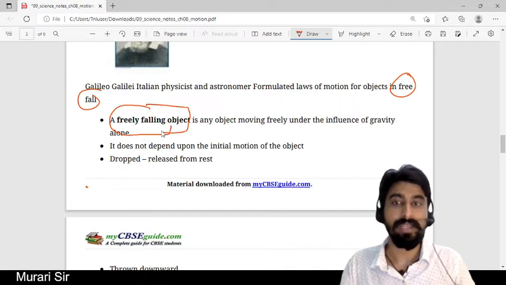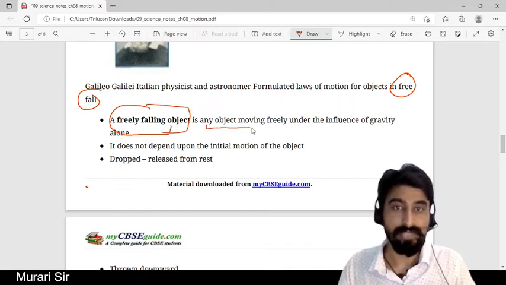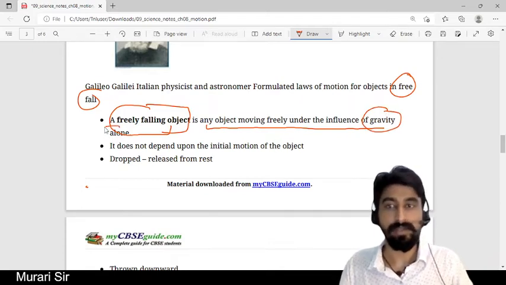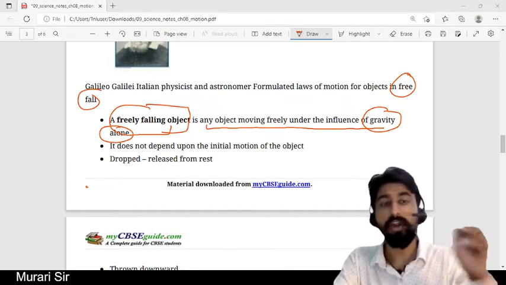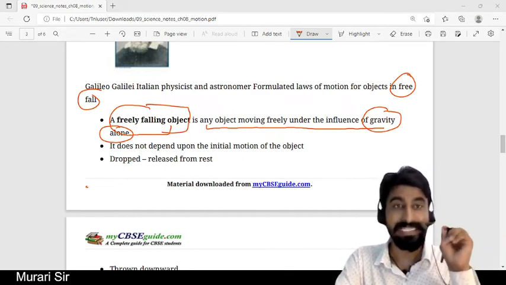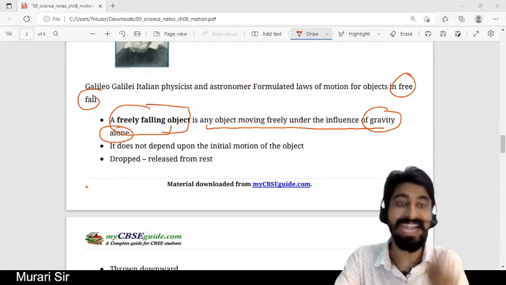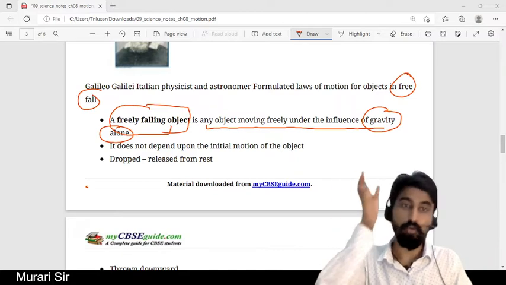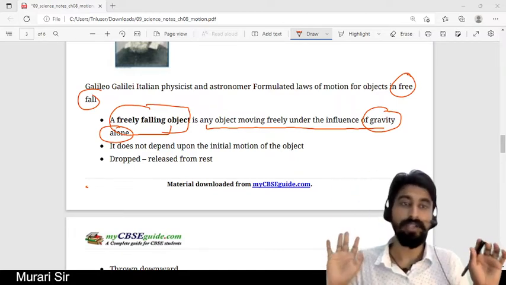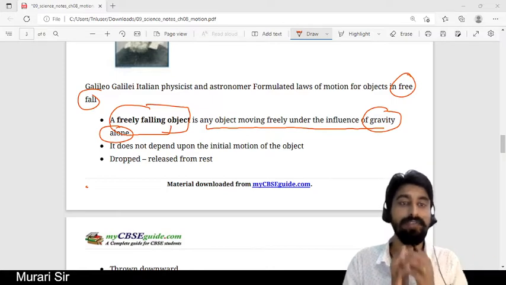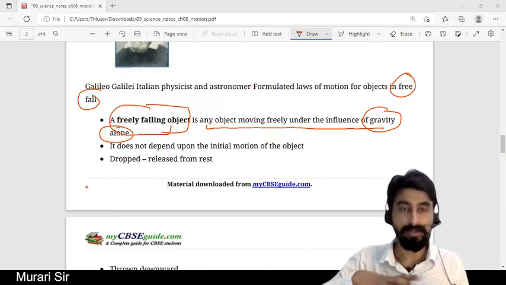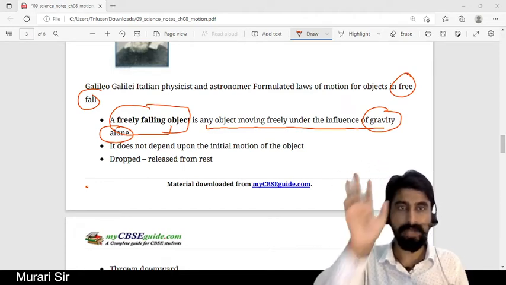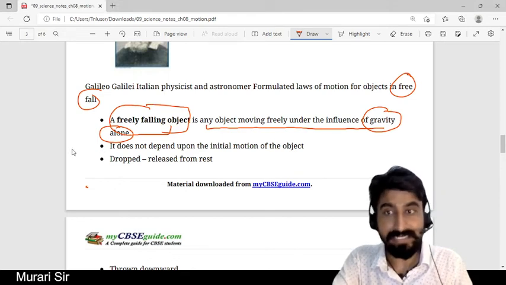Okay. So when an object is free falling, the object is moving freely under only the influence of gravity. Only gravity alone. That means there should not be any other force. There should not be any external force at all. Only in that case will it be considered free fall. For example, you drop a ball from above, now it is falling, that is free fall. It should not be under the influence of any other forces. You don't have to throw it, you don't have to pull it. You just have to drop the ball under gravity only, and in that case its apparent weight will be zero.